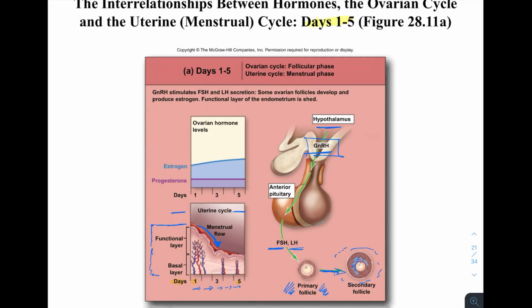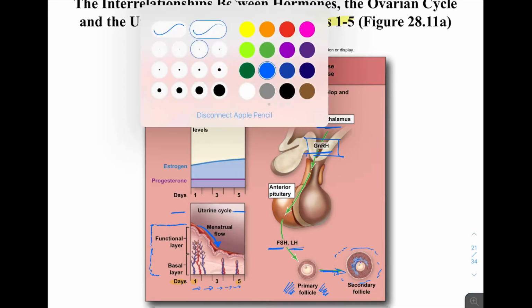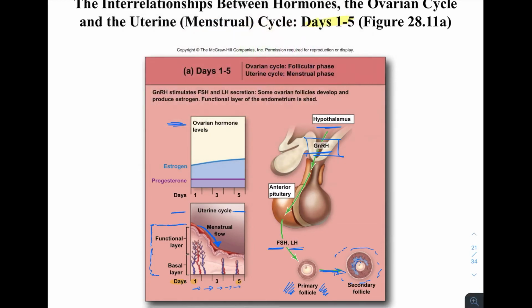Now, if we look at the ovarian hormone levels at this point, they're kind of flat. You can see that estrogen is starting to go up just a little bit. And this is in response to that LH that is going to the ovary. The cells that are around these follicles are going to be the ones that make that estrogen.